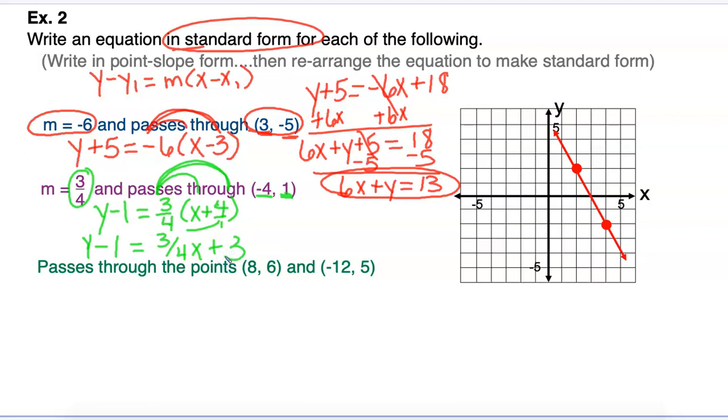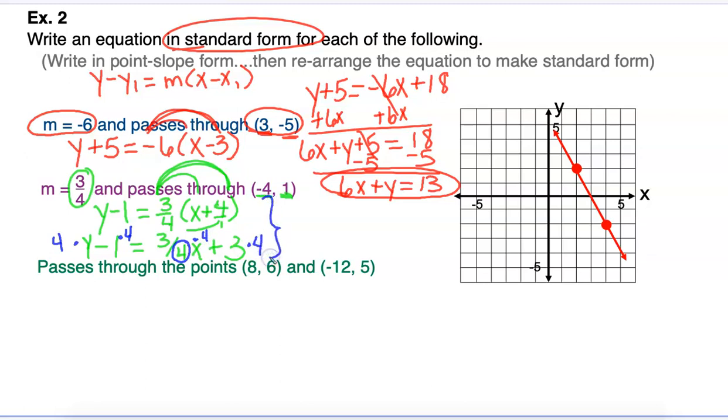So at this point, I would try to get rid of that denominator. So don't ever do that until you've done your distributive property first. So we're going to go ahead and take everything by 4 because that's our least common multiple. We only have one denominator. So we're going to take every term times 4, even the one that's a fraction.